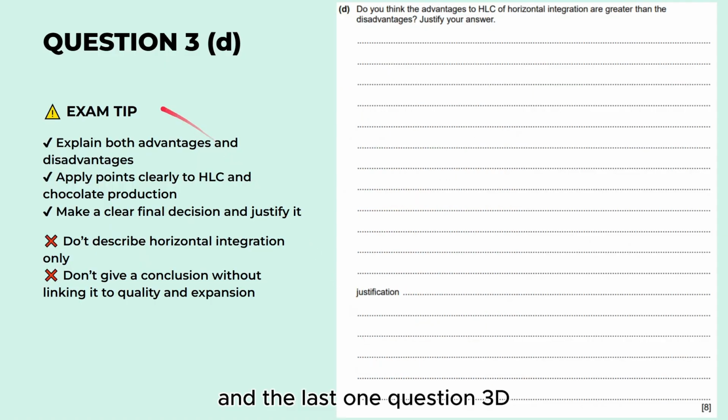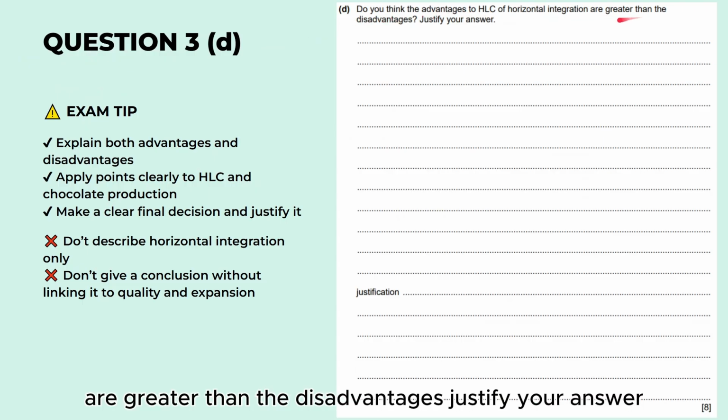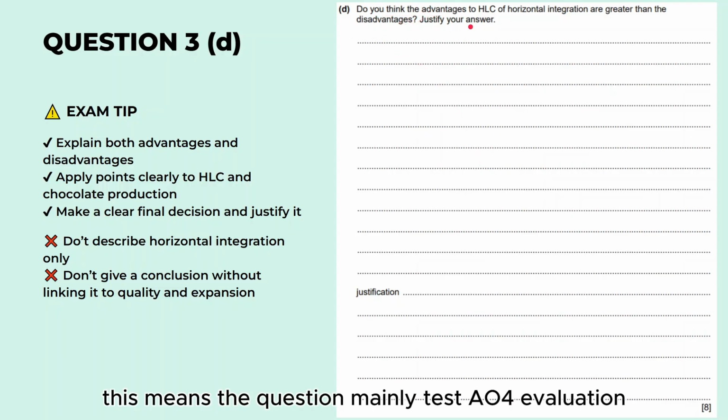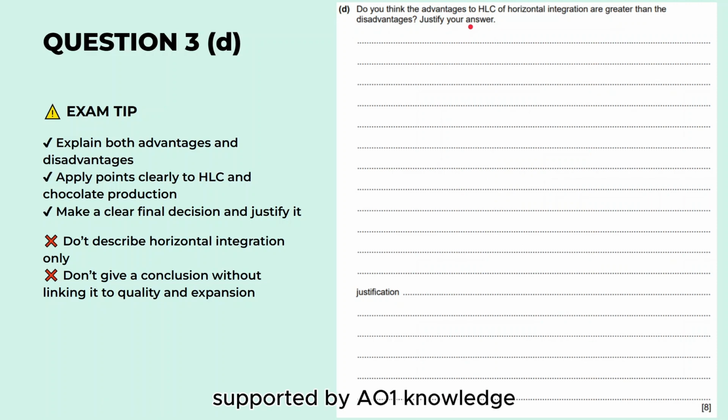And the last one, question 3d. Do you think the advantages to HLC of horizontal integration are greater than the disadvantages? Justify your answer. This is an 8-mark evaluation question with the command word do you think, justify your answer. This means the question mainly takes AO4, evaluation, supported by AO1, knowledge, AO2, application, and AO3, analysis.